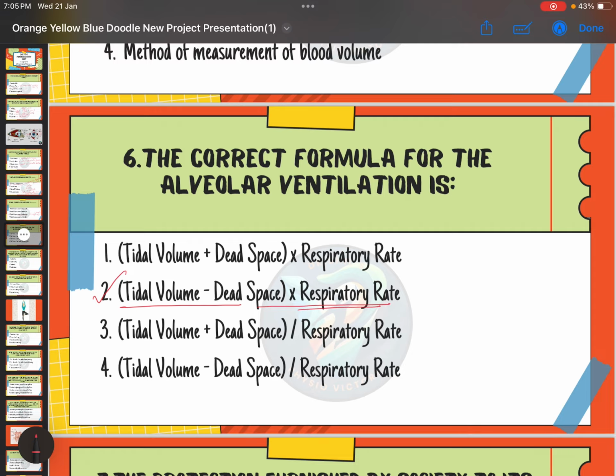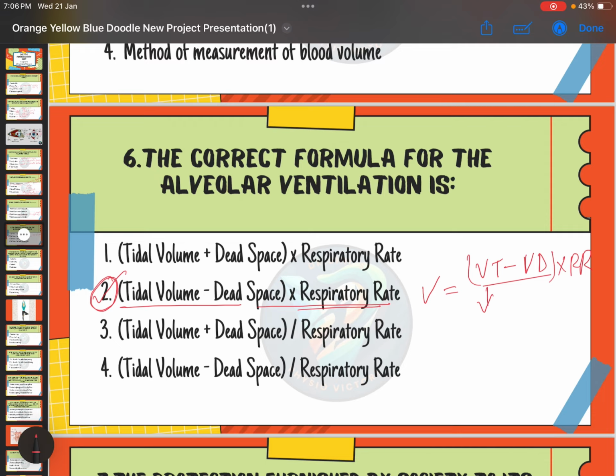Basically option 2 is the correct answer. Alveolar ventilation is denoted by V, and is equal to VT minus VD into respiratory rate.